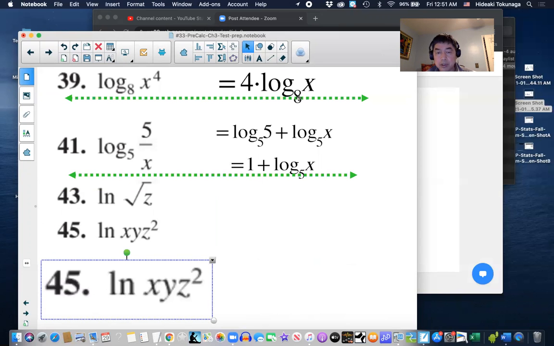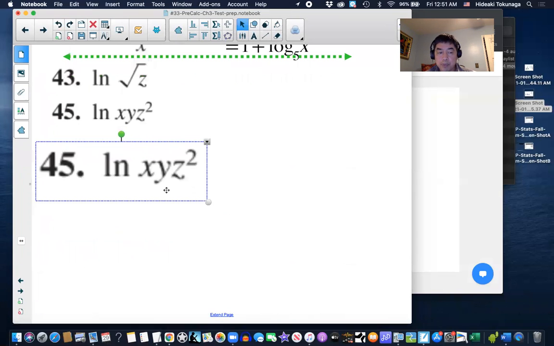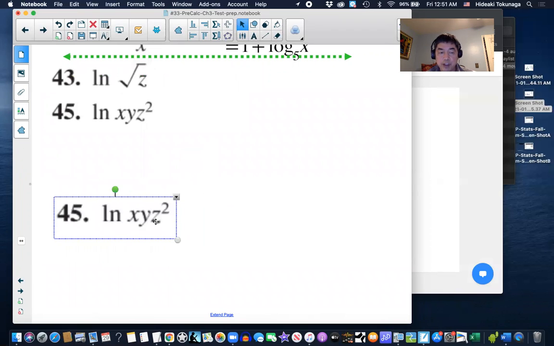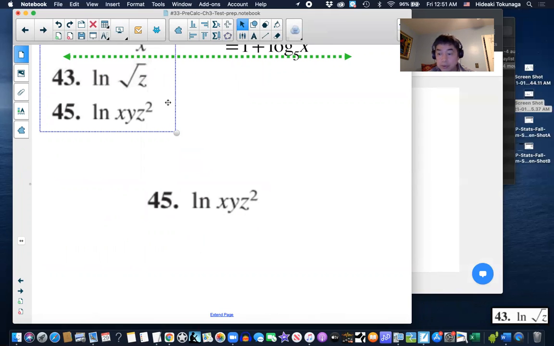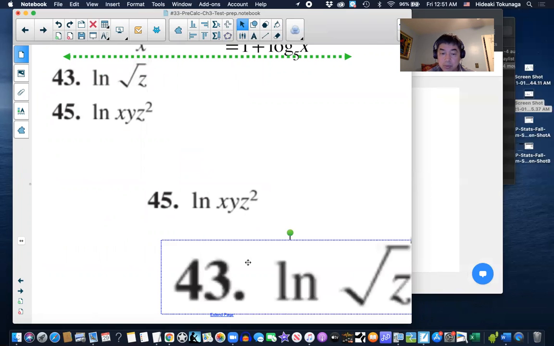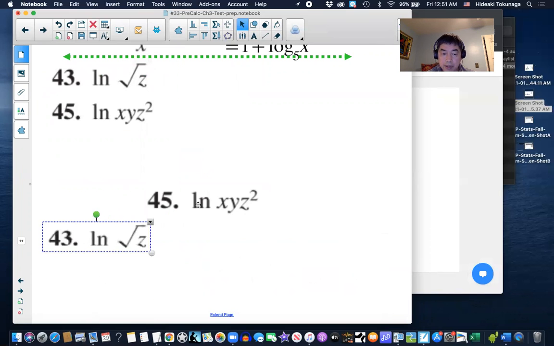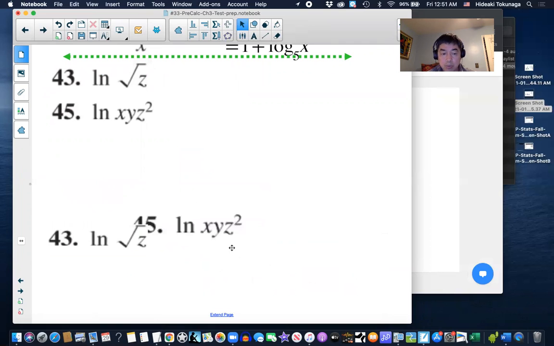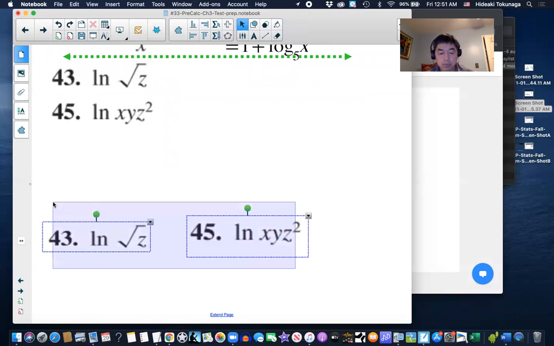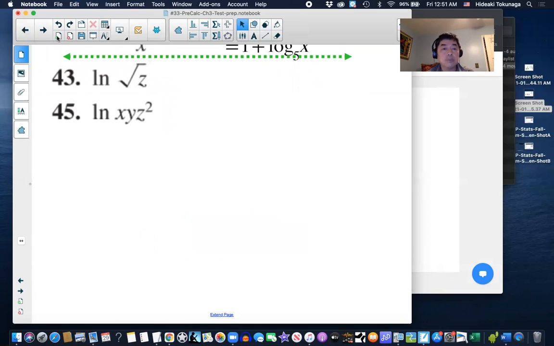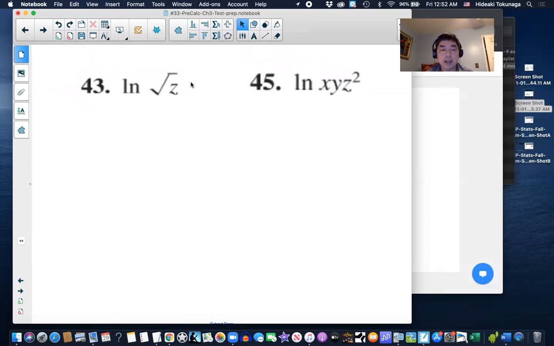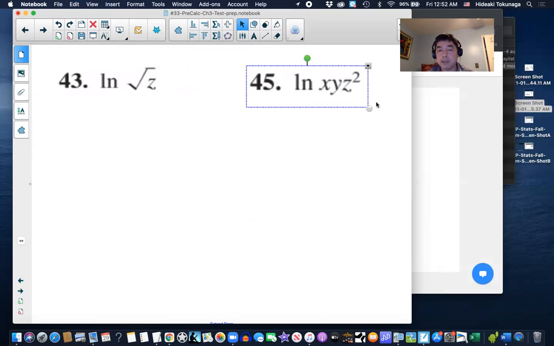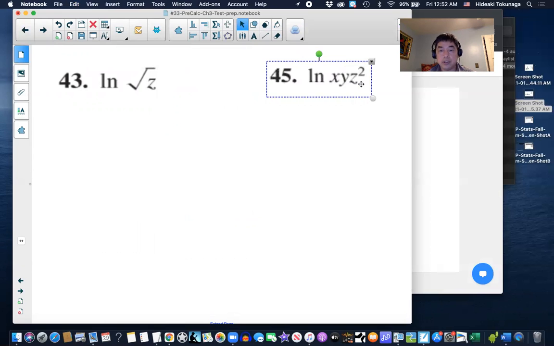We only use this space for 40, and maybe I put 45 and 43 in a different space. Let me cut and paste these to the next page. Right-hand side is 45 and left-hand side is 43.